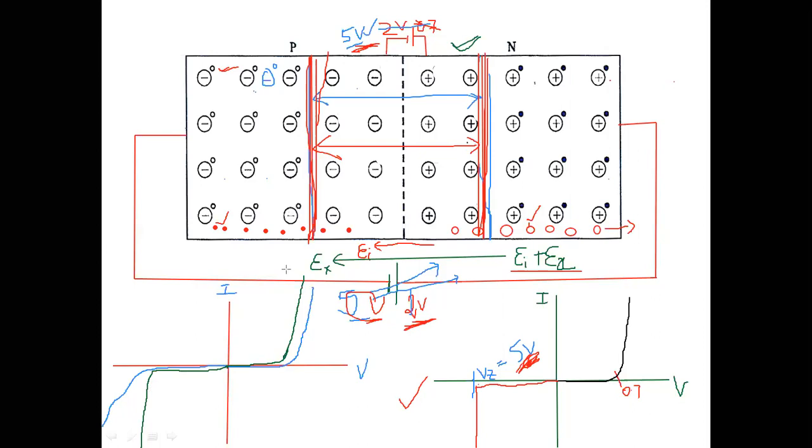So if you draw a vertical line here, for the same applied voltage, this is the value of current for PN diode. Green color is the value of current for the same voltage for Zener diode. Of course, I'm not plotting to scale, but this is the concept, right?